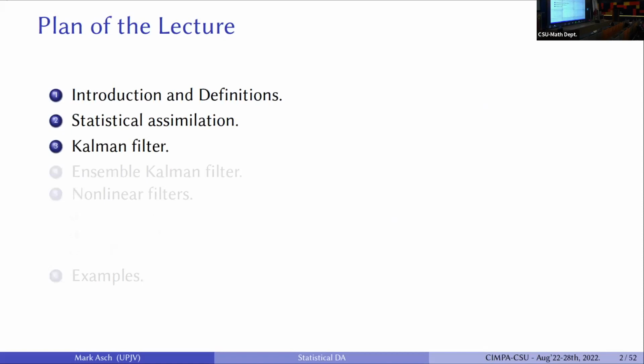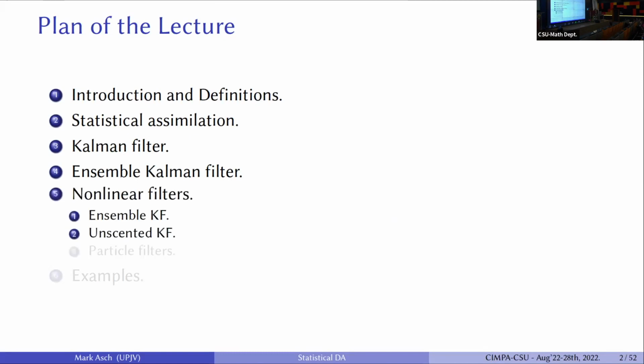I'll speak about statistical assimilation in general, and then we'll show that statistical assimilation is realized by Kalman filters. The trouble with the Kalman filter is that it makes a number of assumptions of linearity and other things concerning the noise. If you want to relax these quite strict hypotheses, one has to go to nonlinear filters, such as the Ensemble Kalman filter and the nonlinear filters, of which there are three, which I won't go into, but just to show you that they exist.